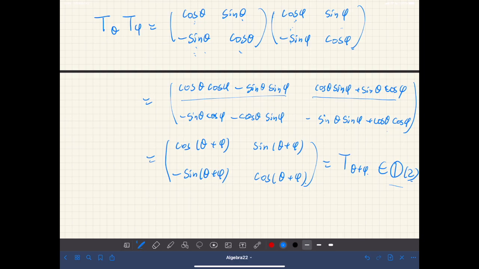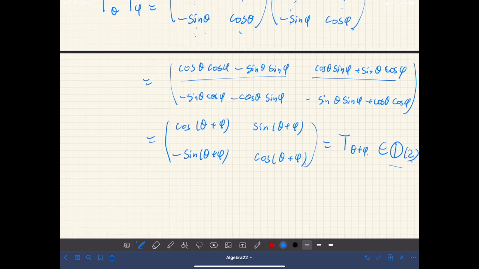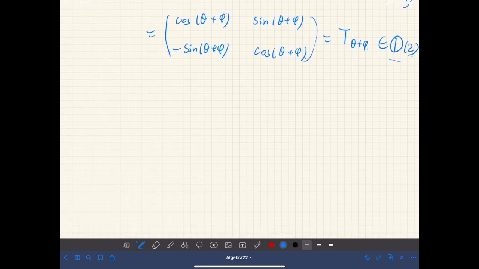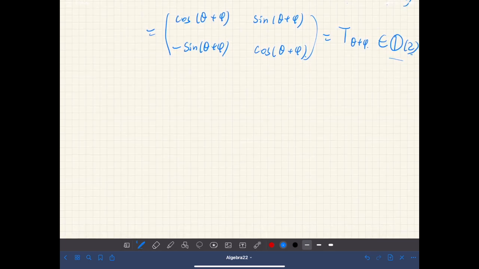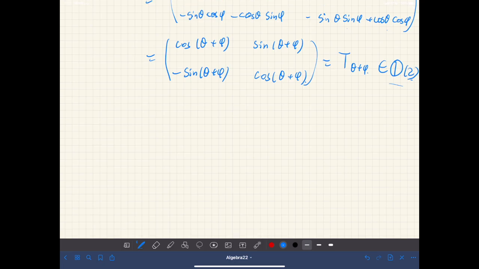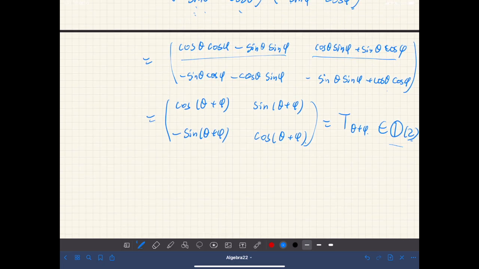Therefore, this set is closed under matrix multiplication. And associativity is trivial because it's based on matrix multiplication, which is associative.